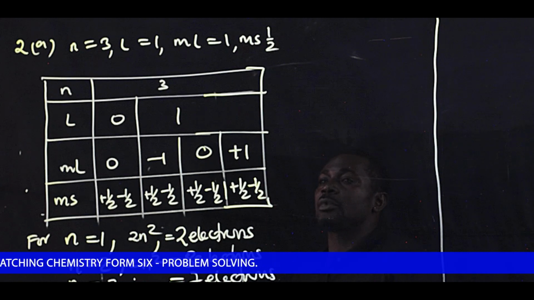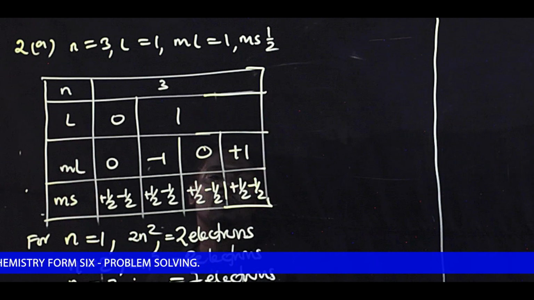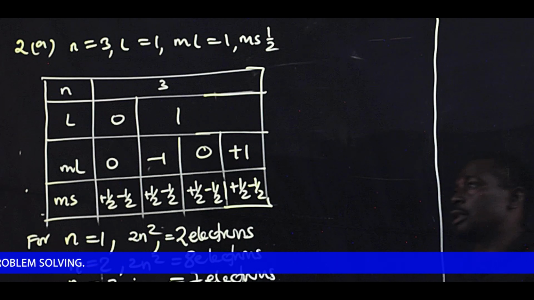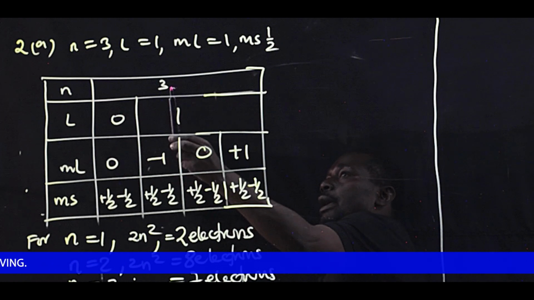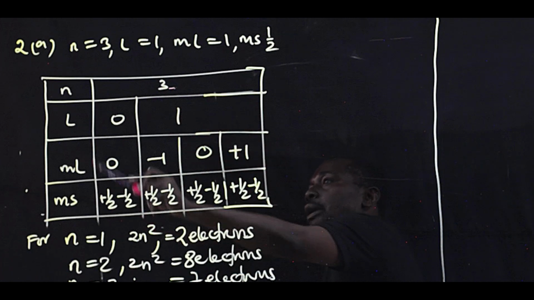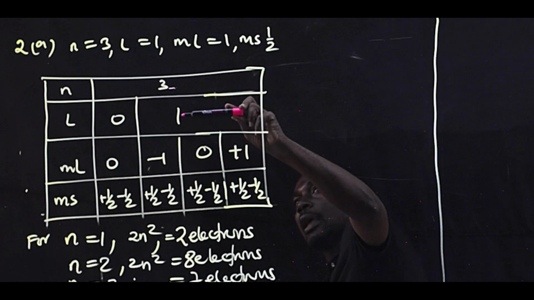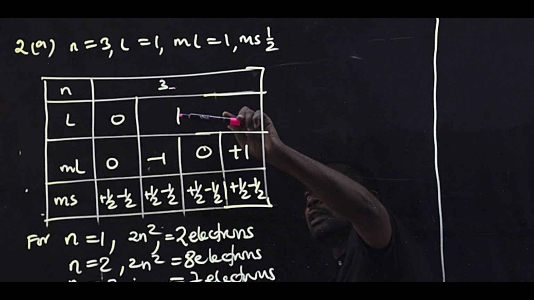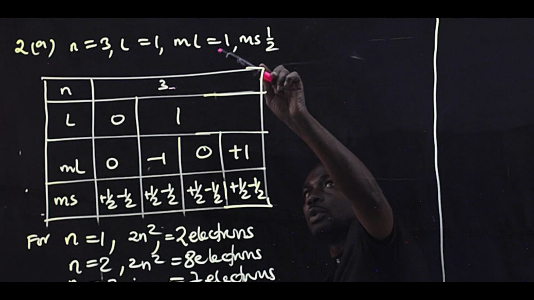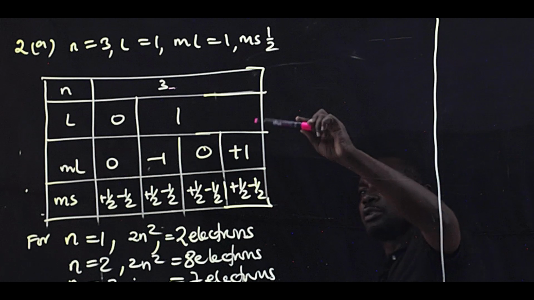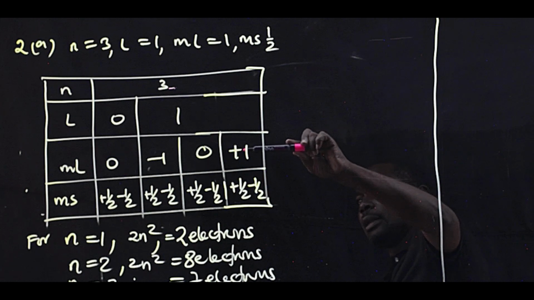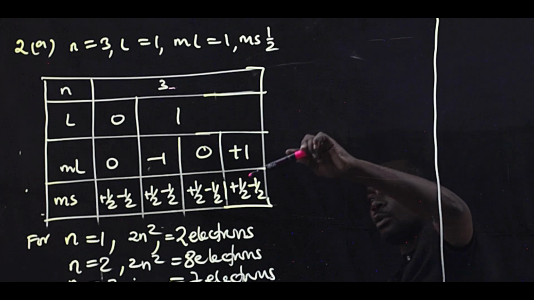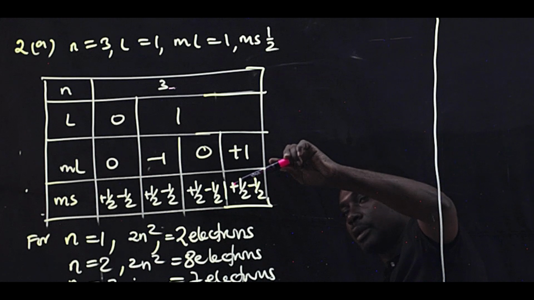So n is equal to 1 has 2 electrons, n is equal to 2 has 8 electrons, and for n is equal to 3, you are supposed to use a table which enables you to obtain the total number of electrons. For n is equal to 3, the electron is filled in l is equal to 1, and in l is equal to 1, the electron is filled in ml which is positive 1. And in this orbital, the electron required is positive a half, so this is 1 electron.